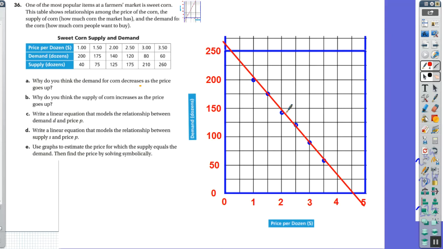So when we're being asked to find the equation of a linear relationship, we have to use our linear model. We can't just take any points. We have to use our line of best fit. So for question 36, if you do not make a line of best fit, you're going to really be stumped.